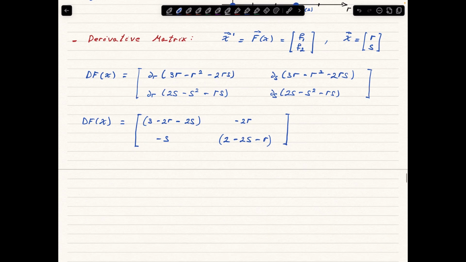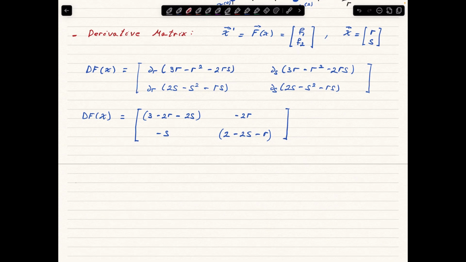And now, what do we need to do? Now we need to evaluate the derivative matrix, which is a function of the point, at each critical point, at each equilibrium solution, which, recall, we have named x0, x1, x2, and x3.